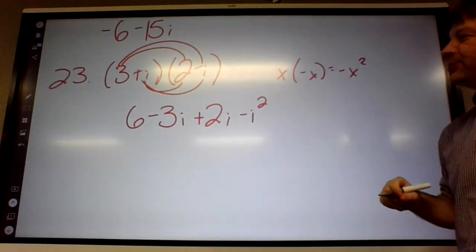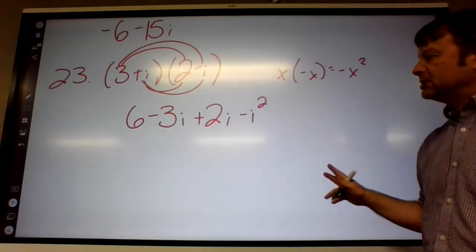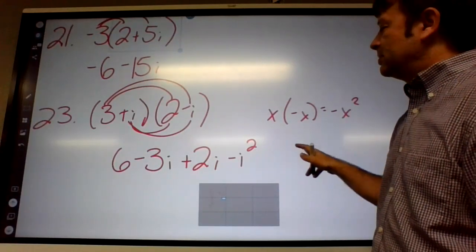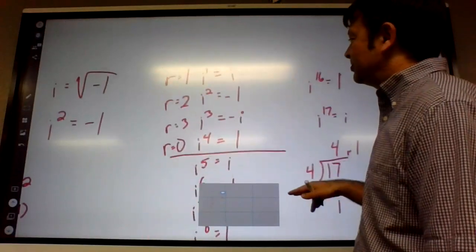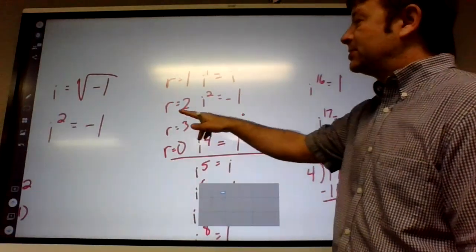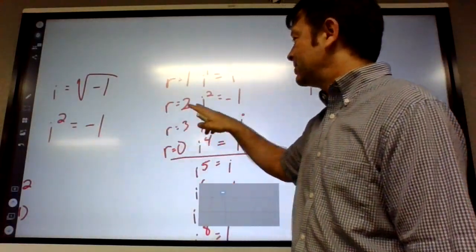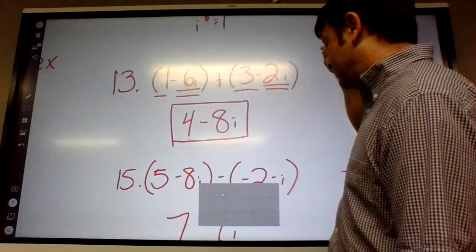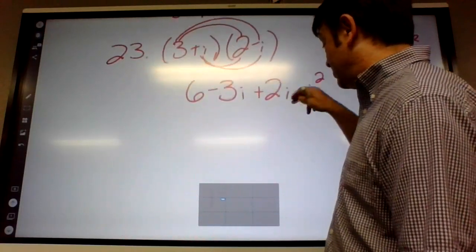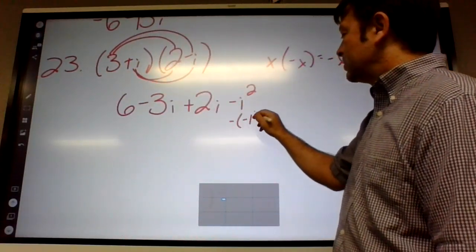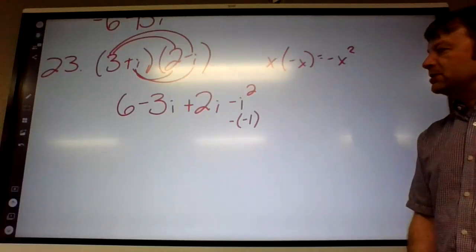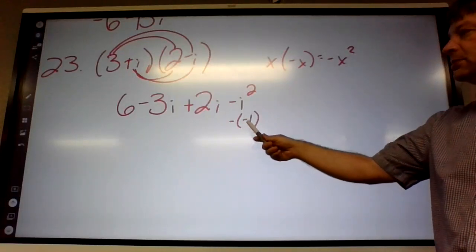But what does i squared turn into? -1. i squared is -1, where you started the lesson. So really what we have right here is minus -1. So that's a +1.